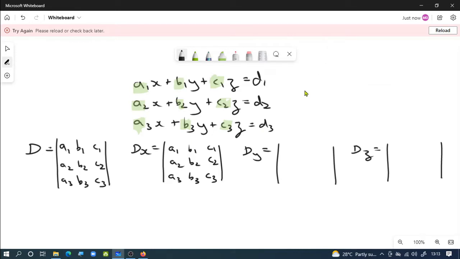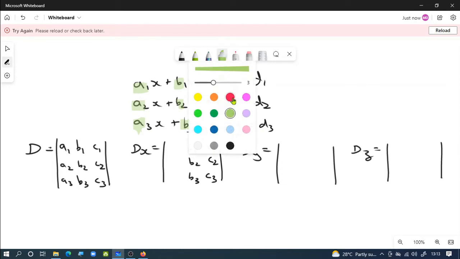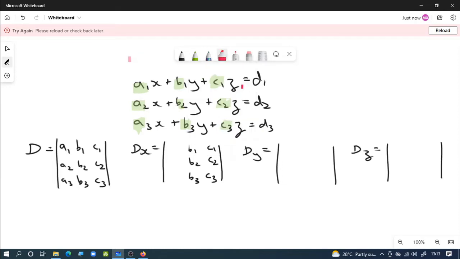Now, since dx is related to the variable x, we are going to delete the coefficients a1, a2, and a3, which are the coefficients of x. And we replace them by the constants of the right-hand side, d1, d2, and d3.